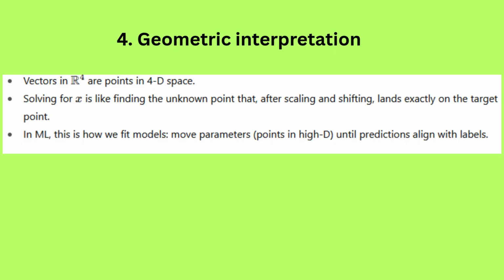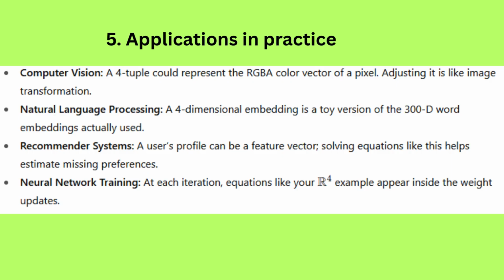Then lastly, we have applications in practice, and this basically involves computer vision. Think of robotics. How do computers actually see without sight? A 4-tuple could represent the RGBA color vector of a pixel. Adjusting it is like image transformation.